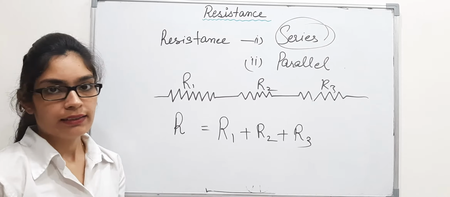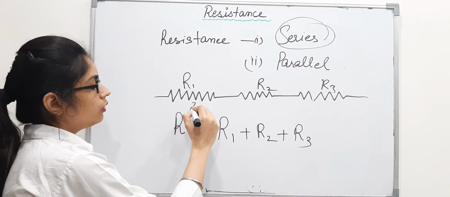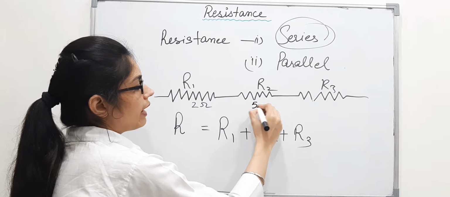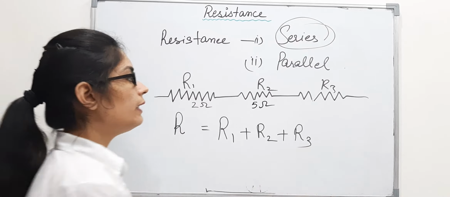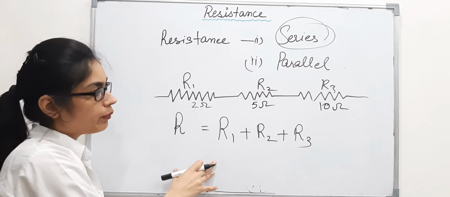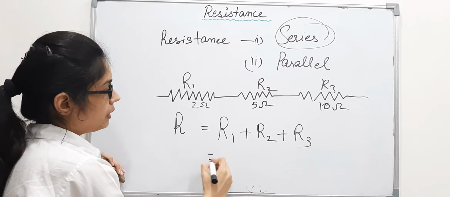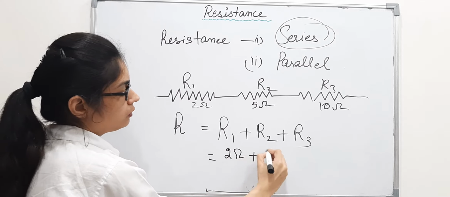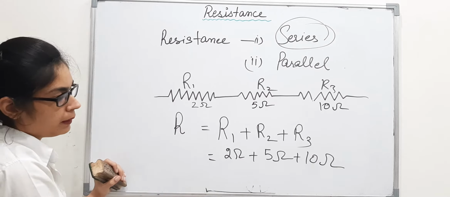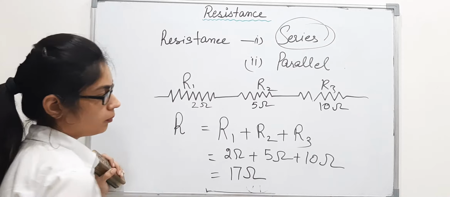Now let's take an example. If the value of R1 is 2 ohm, the value of R2 is 5 ohm and the value of R3 is 10 ohm, the resultant resistance of this combination will be equal to 2 ohm plus 5 ohm plus 10 ohm. You can add: 2 plus 5 is 7, plus 10, it will be 17 ohm.